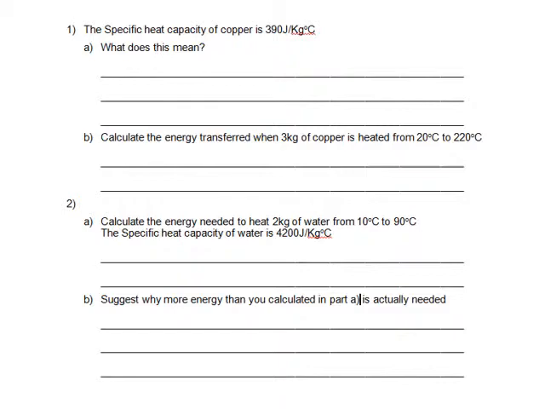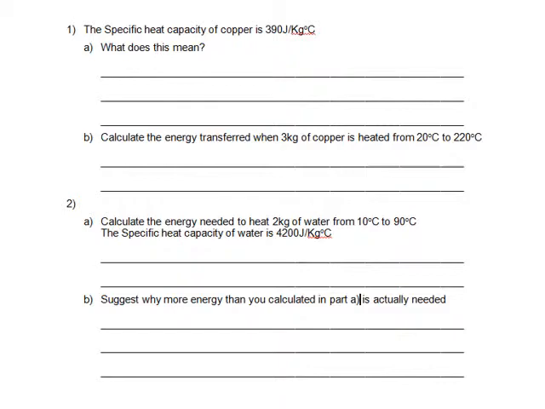Calculate the energy needed to heat 2 kilograms of water from 10 degrees Celsius to 90 degrees Celsius with the specific heat capacity of water given. And also, finally, suggest why more energy than you calculated in part A is actually needed. Okay, so pause the video now and see if you can get the correct answers there.